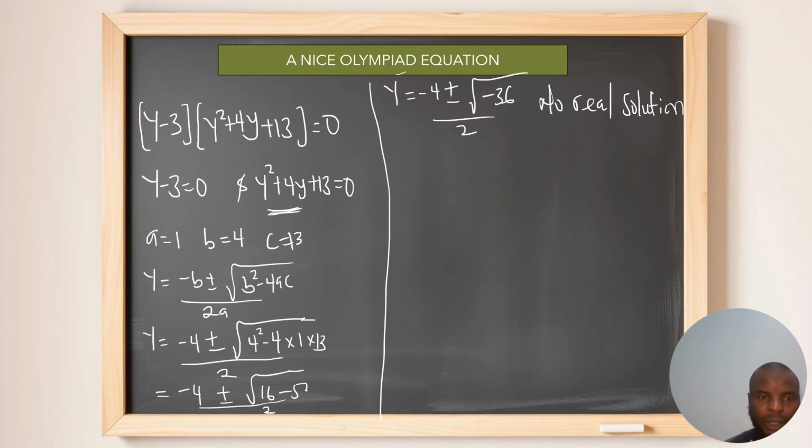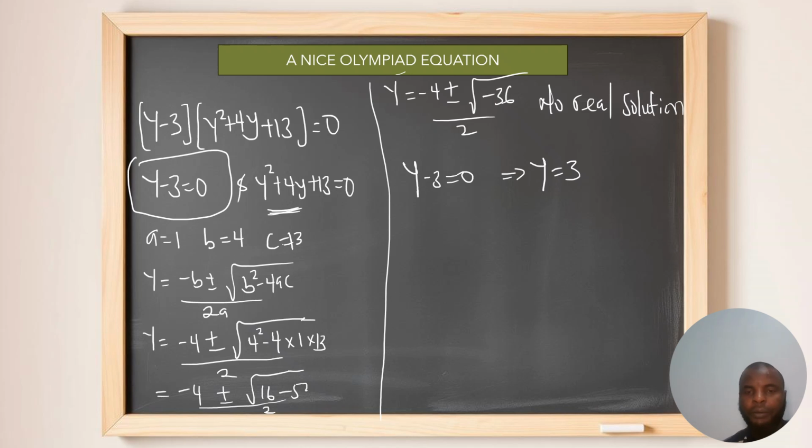So coming back to this, y minus 3 equals 0, which implies that y equals 3. Recall from the previous slide that we let 2 to the power of a equal y. So here we have 2 to the power of a equals 3.